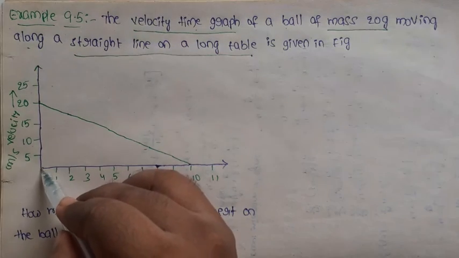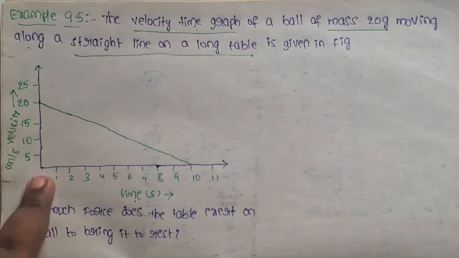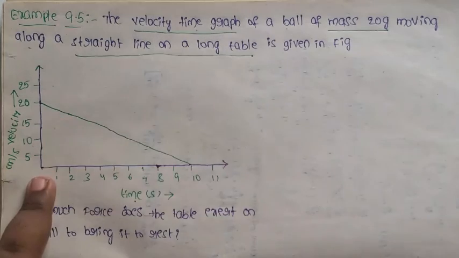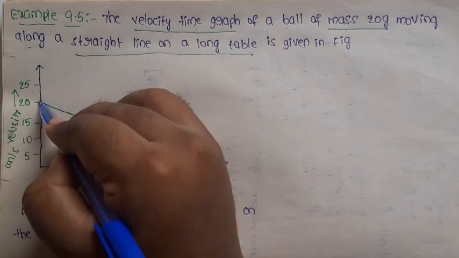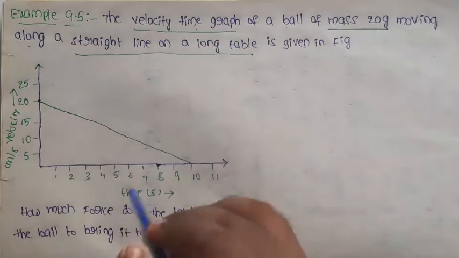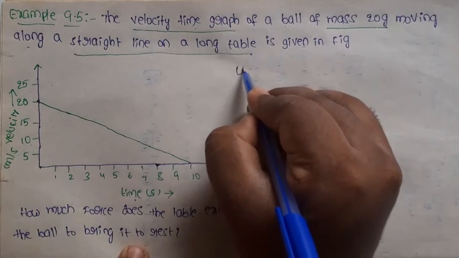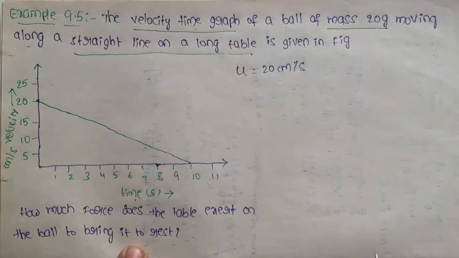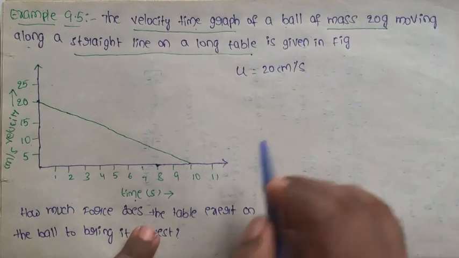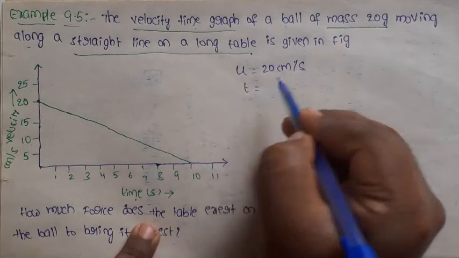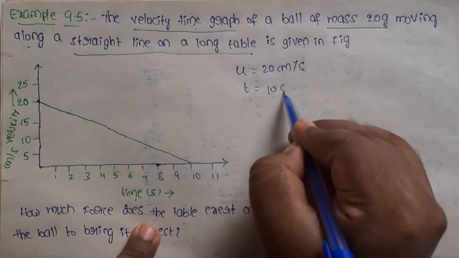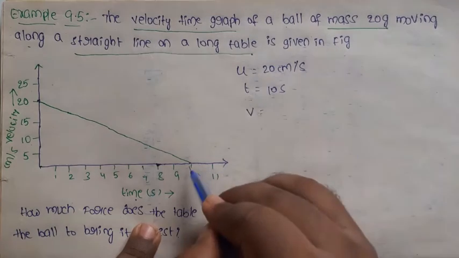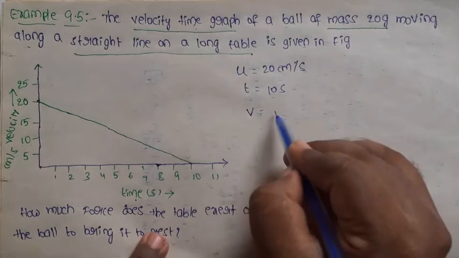So when time is 0, initial velocity of the body is 20, its units are centimeter per second. So initial velocity 20 centimeter per second. So at time t equal to 10 second, final velocity is 0.